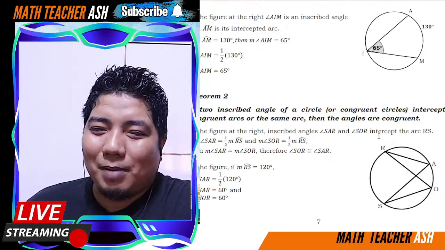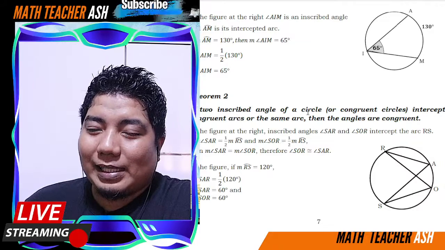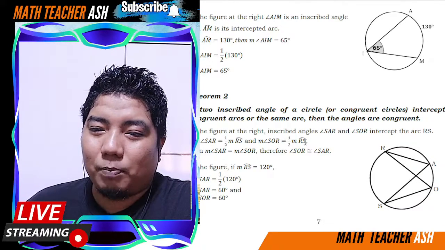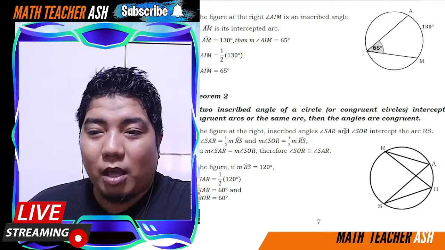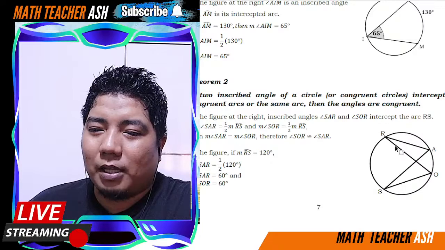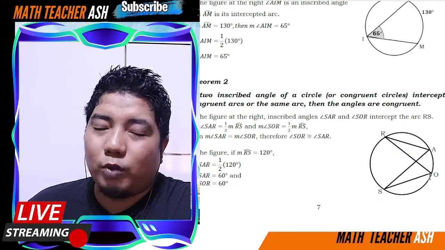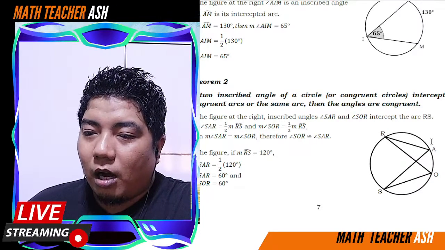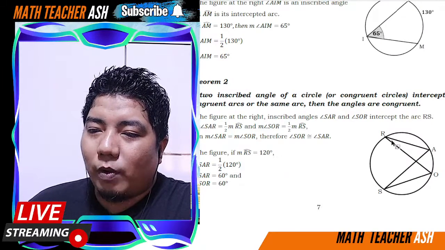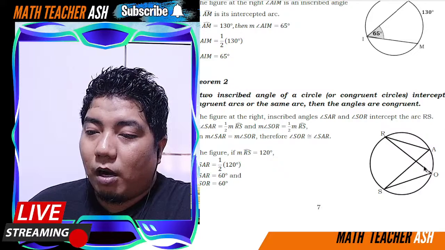Okay, theorem number 2. If the inscribed angles of a circle or congruent circles intercept congruent arcs or the same arc, then the angles are congruent. Anong ibig sabihin nito? Eto, my dear math learners. As you can see, we have 2 inscribed angles here. RAS. Ito yon, okay? RAS. We also have here ROS.